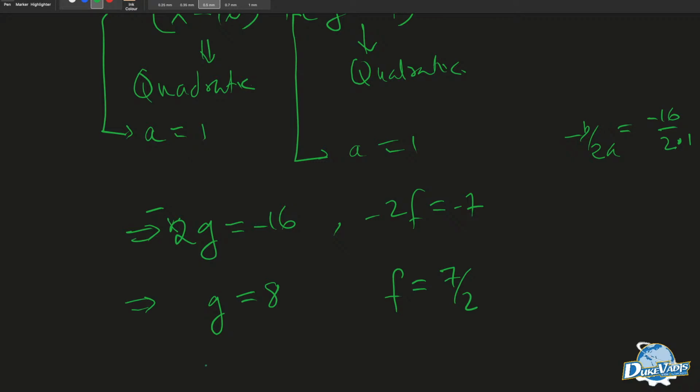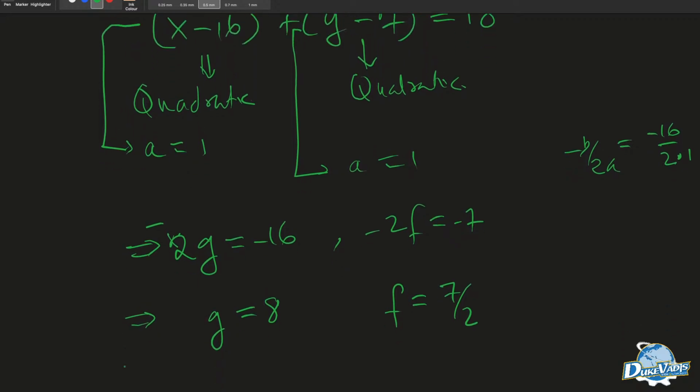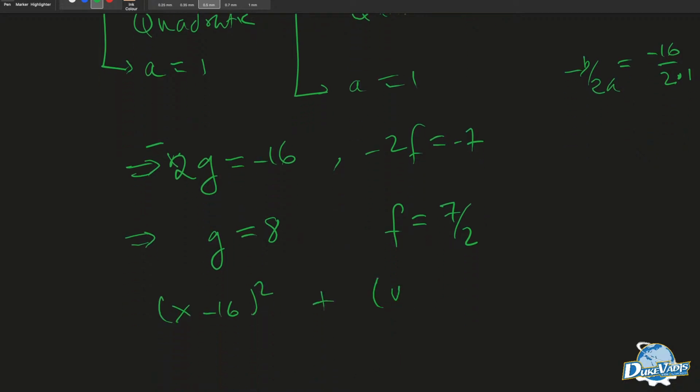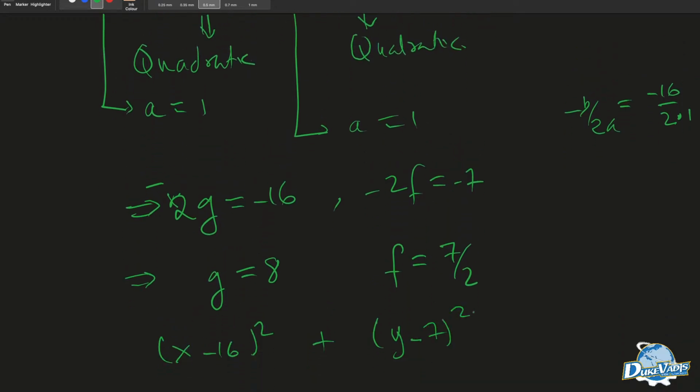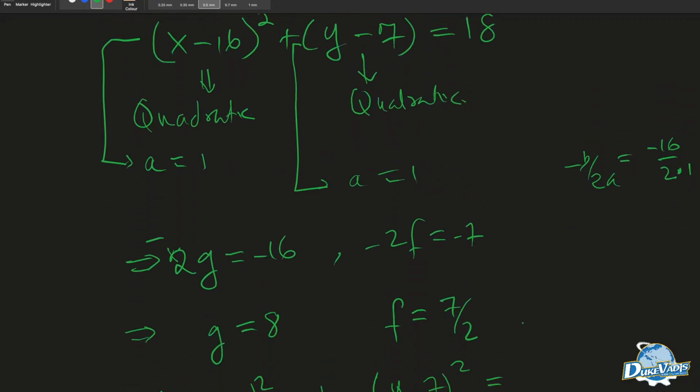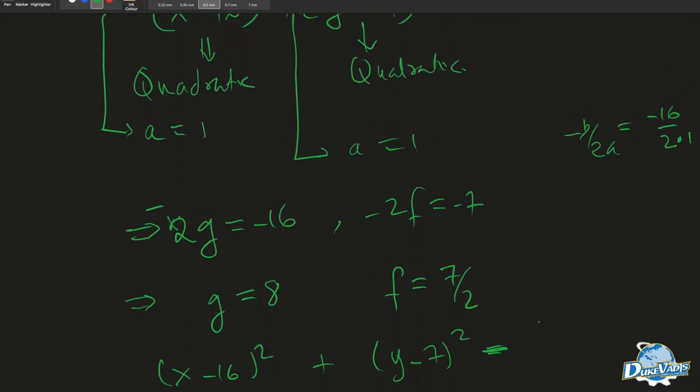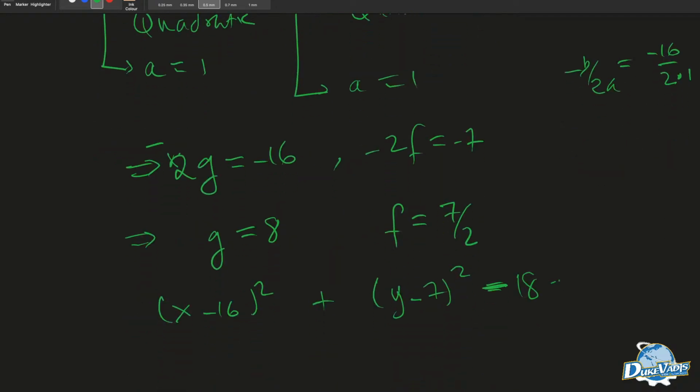Now on the positive side, you will see that when we expand this equation, x minus 16 squared plus y minus 7 squared is equal to 18, let's bring our minus 18 to be equal to 0.